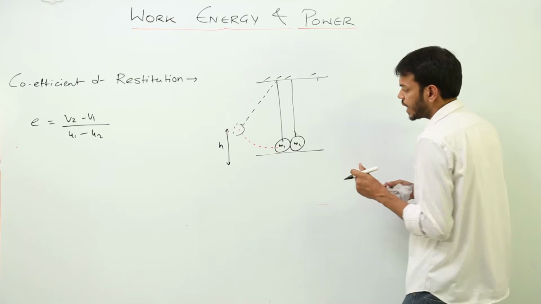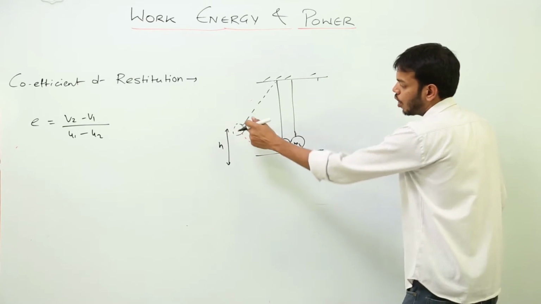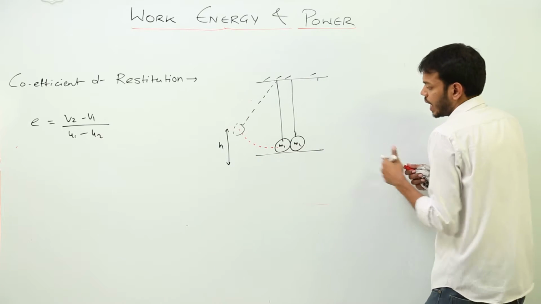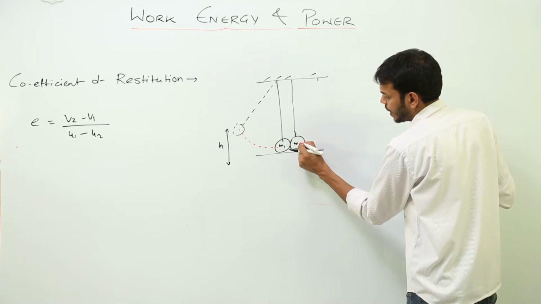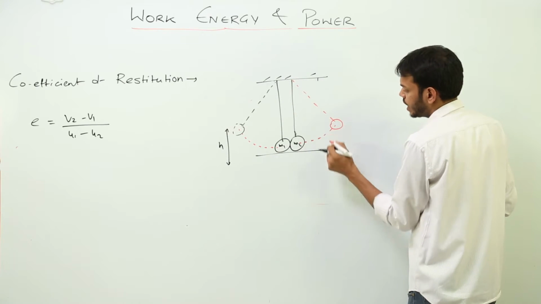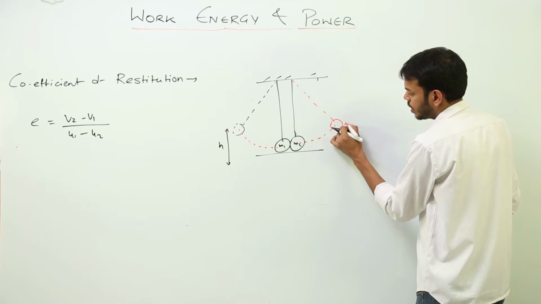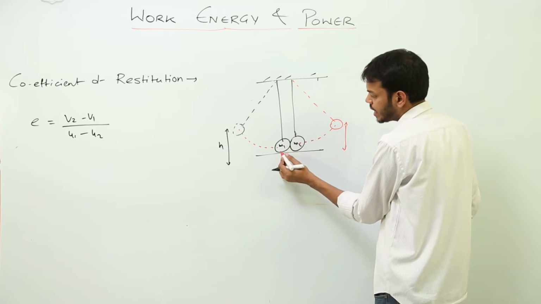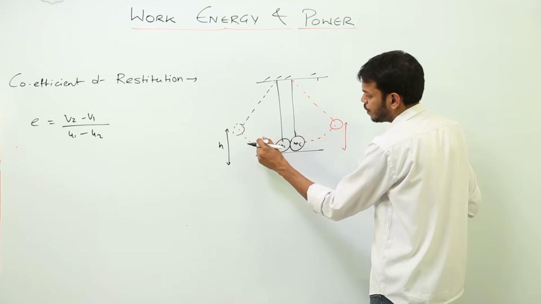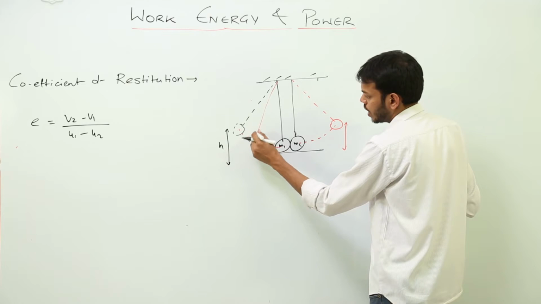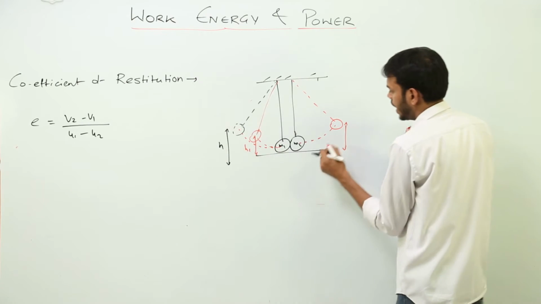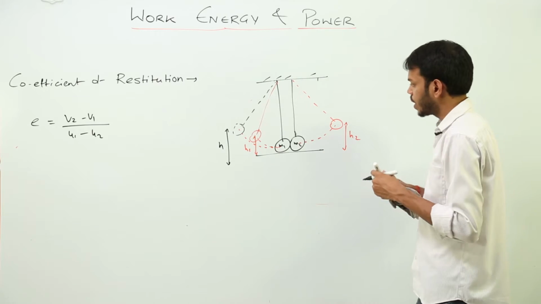So once we allowed m1 to fall freely and hit m2, after collision, m2 has risen by this much height, reached here, and m1 bounced back and came to this point. So consider these heights to be h1 and h2, right?